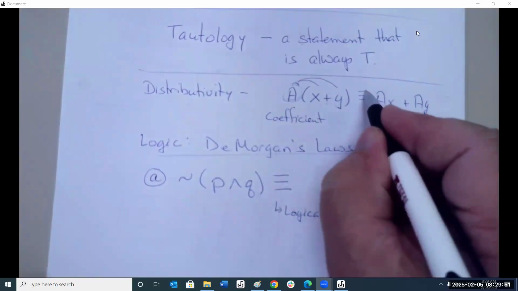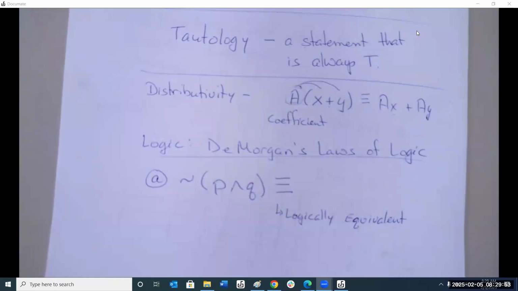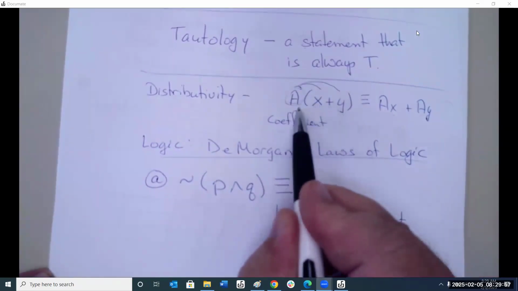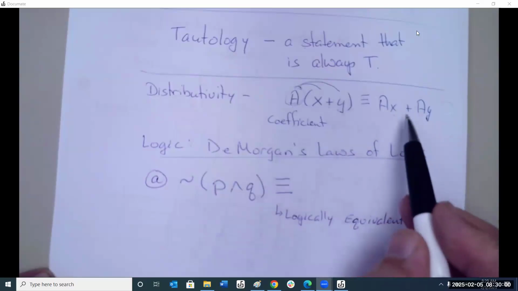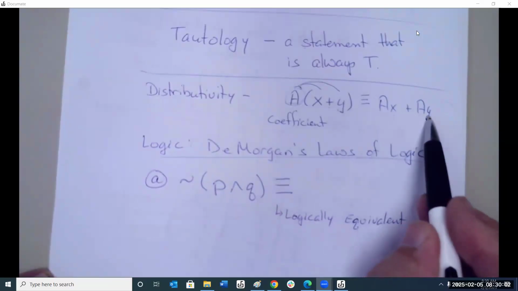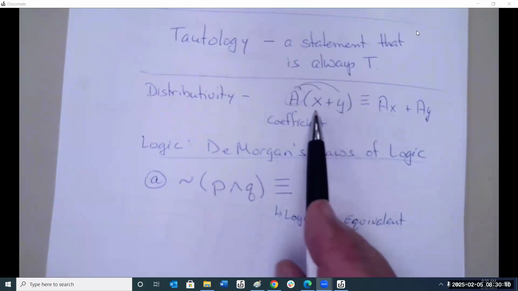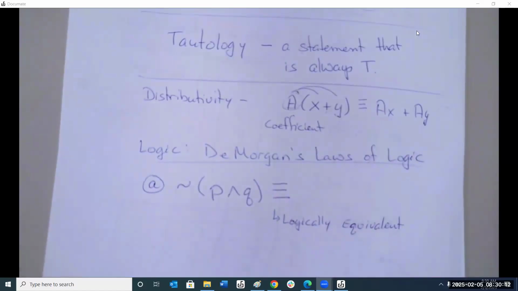Logically equivalent means if I did a truth table on this side and I did a truth table on this side, the answers would come out exactly the same. So if you do the truth table, you get the exact same solutions. That's what logically equivalent means. And we'll prove that in a second.